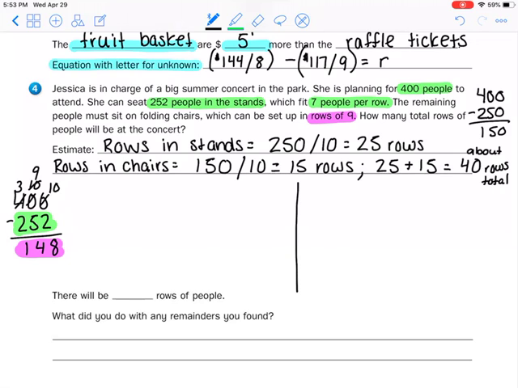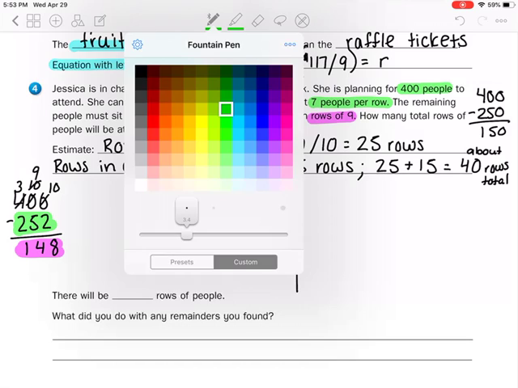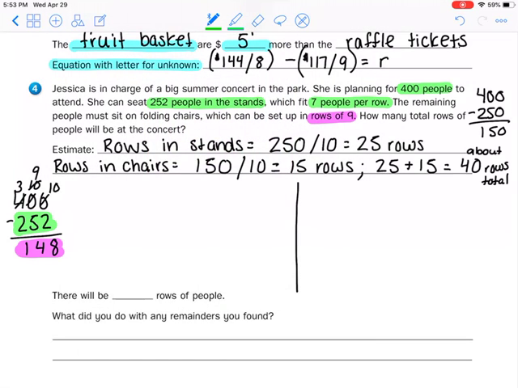So I'm going to split my work area in half, and I'm going to do green for people in the stands. So I'm going to take that 252 people, and I'm going to divide it by 7 to see how many rows they would need to fit 252 people.